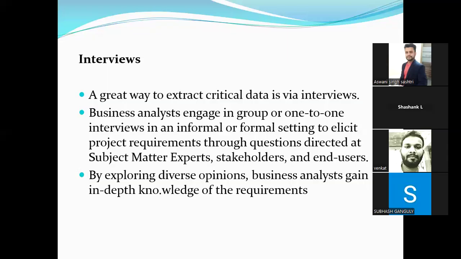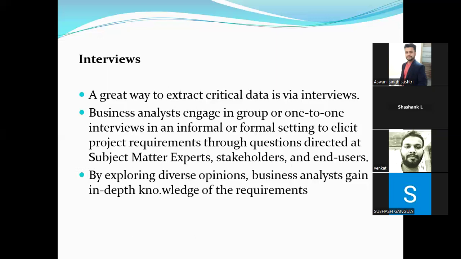In the interview technique, the business analyst engages with a group of people, or mostly has a one-to-one discussion with the client to gather the requirement. The business analyst does this with the subject matter expert, stakeholder, or client, mostly the clients who are going to define the requirement. By having diverse opinions, business analysts get in-depth knowledge of the project requirement.